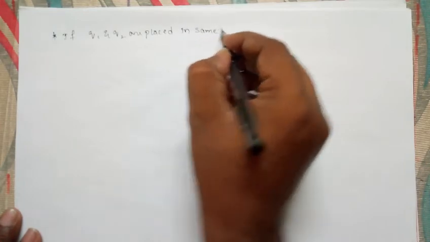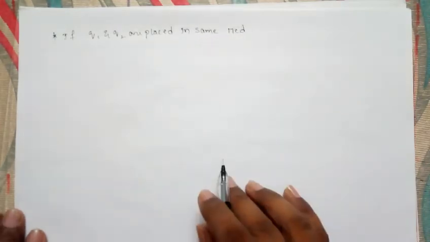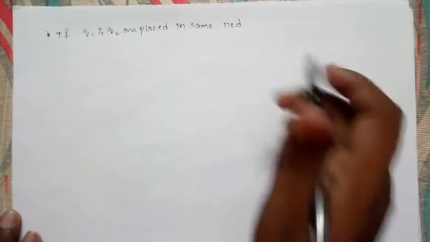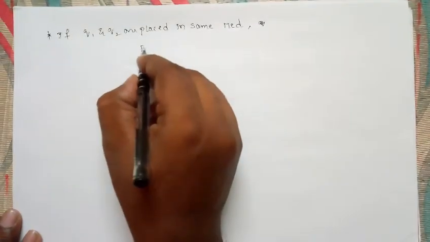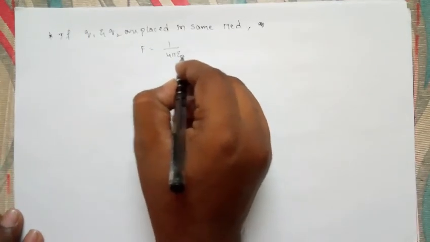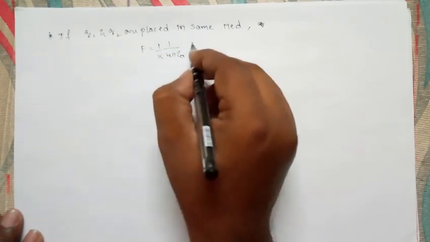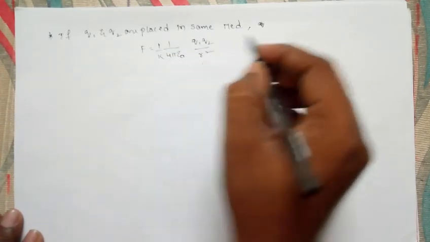Next we can understand, if Q1 and Q2 are placed in the same medium, you can write 1 upon 4 pi epsilon naught into 1 by K Q1 Q2 by R square.